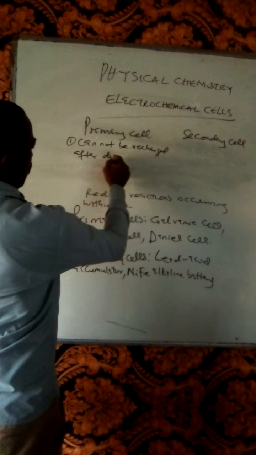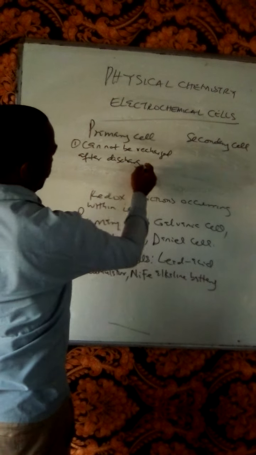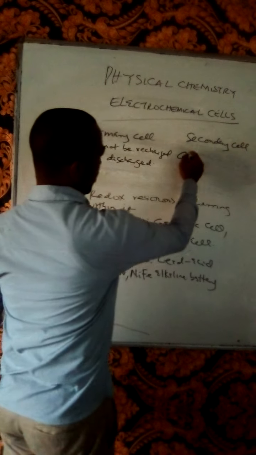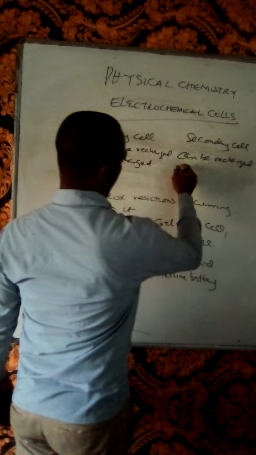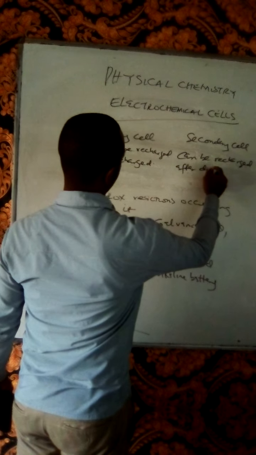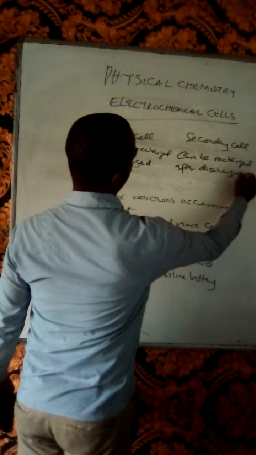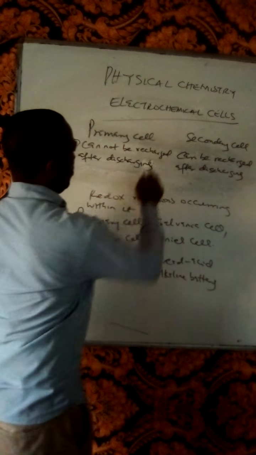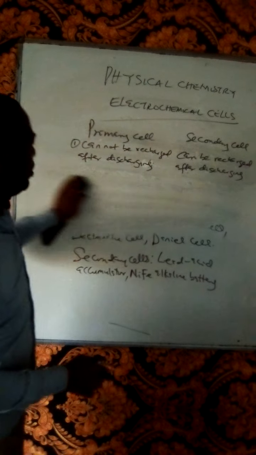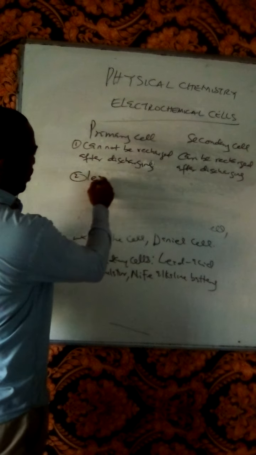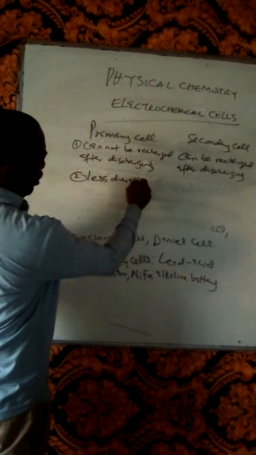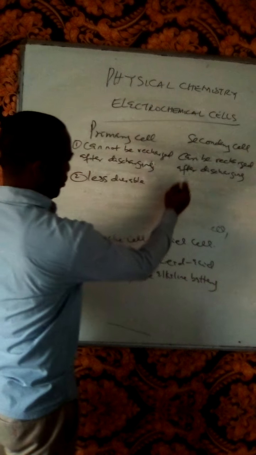So when the primary cell has discharged, all of its voltage becomes dead, throw it away. The secondary cell can be recharged after it is finished discharging. Then the second difference is that the primary cell is less durable. It doesn't last for long. The secondary cell is more durable.